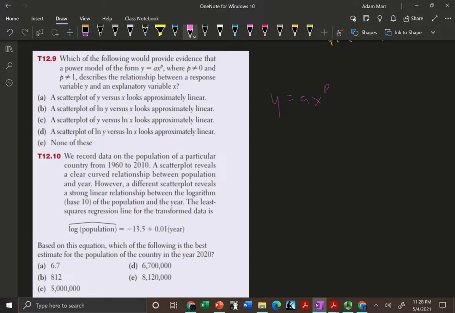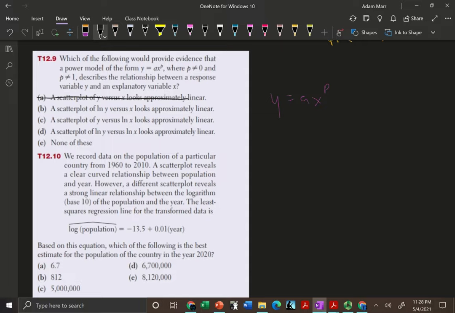No, we would never even do a power model here if y versus x looks approximately linear. A power model would not describe the relationship, a linear model would. So obviously that's wrong.